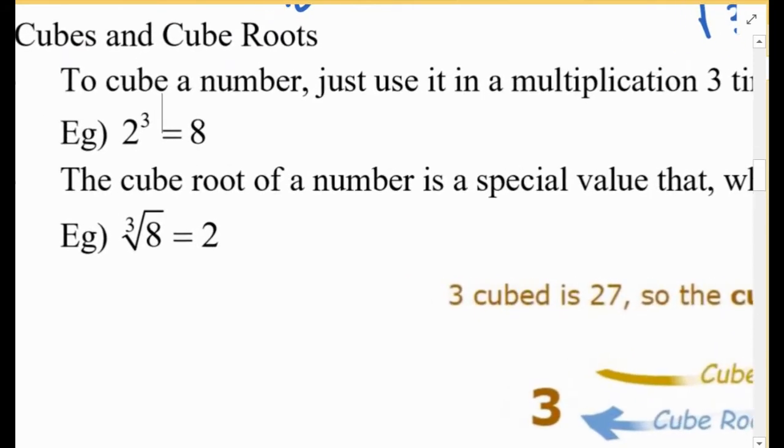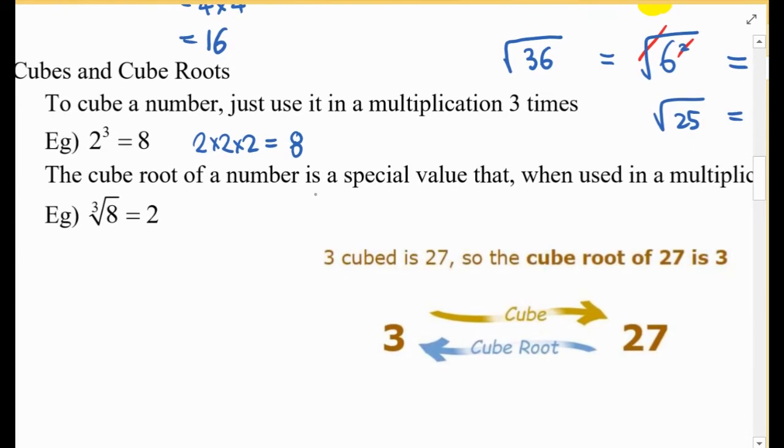So to cube a number, 2 cubed means you repeat multiplying 2 three times. So it's basically 2 times 2 times 2 equals 8. Some students multiply 2 times 3, which is not correct. You have to repeat multiplying 2 three times. 2 times 2 times 2 equals 8.